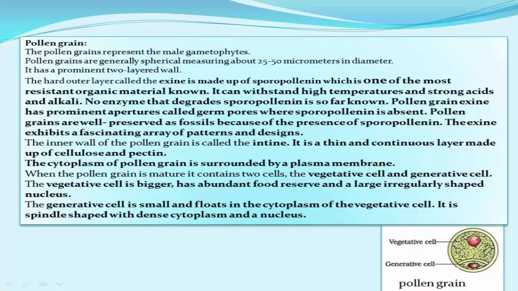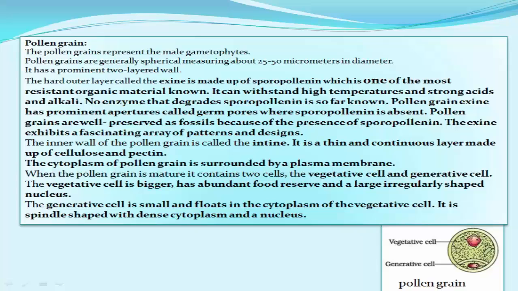The reason why the pollen grains are fossilized is that the pollen grain exine is made up of the resistant organic material called sporopollenin. But on the exine, some minute apertures or pores are present where the sporopollenin is not deposited, and those pores represent germ pores through which the pollen tube comes out during pollen germination.